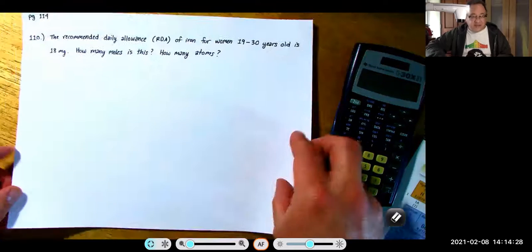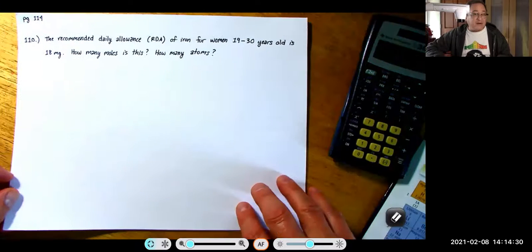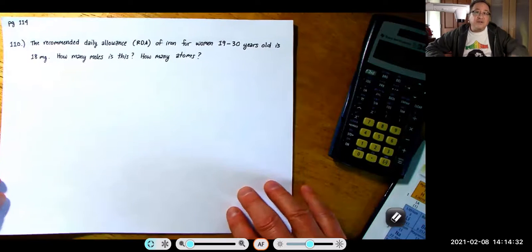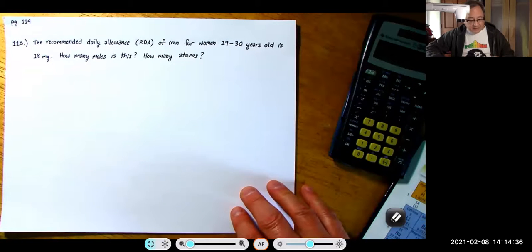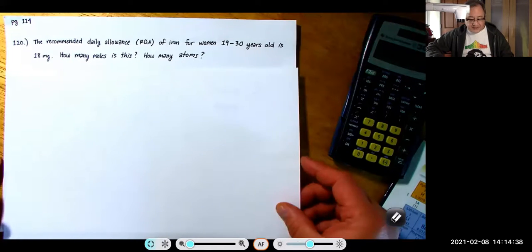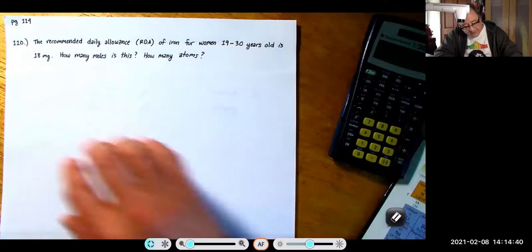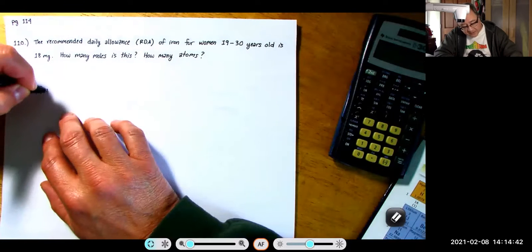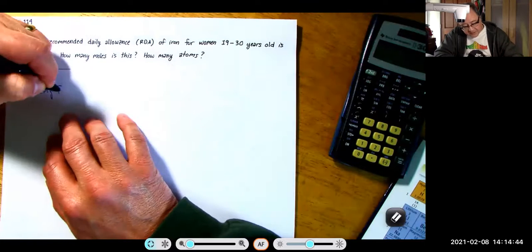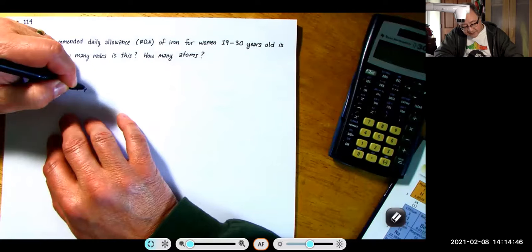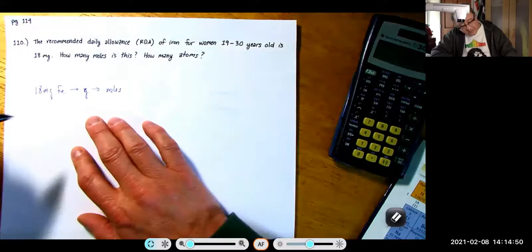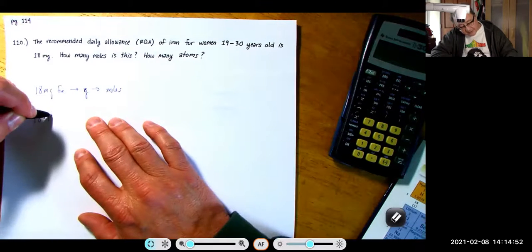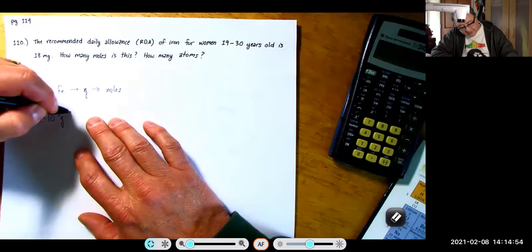Okay, now, the recommended daily allowance for iron for women 19 to 30 years old is 18 milligrams. How many moles of this? How many atoms? So we're going to take our 18 milligrams of iron and turn that into grams and then turn that into moles. So the way I would do this is I'd start off with 18 times 10 to the minus 3 grams of iron right away.